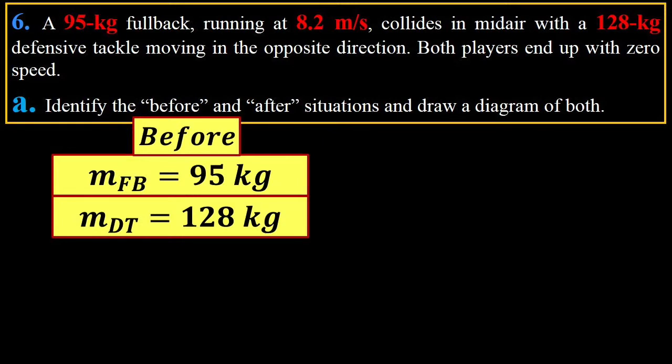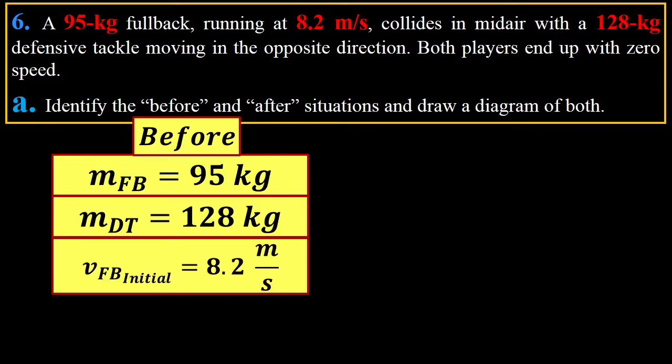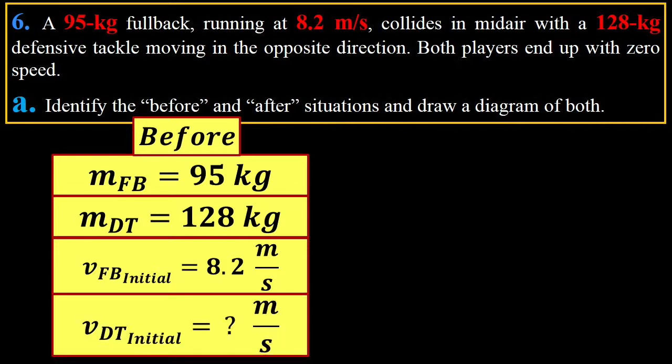The velocity of the fullback, he is running at 8.2 meters per second. There is no velocity given for the defensive tackle. However, the defensive tackle will be moving, but we don't know what it is. We're going to have to calculate that.